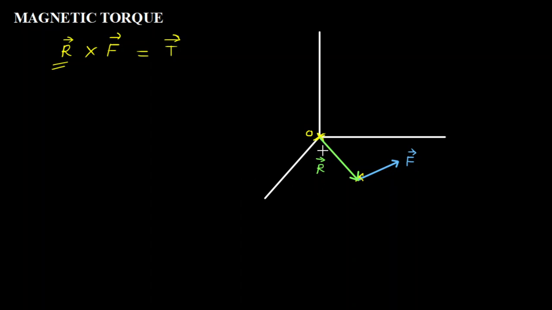This distance is nothing but my moment arm, which is the r vector. If this is my r vector and this is my F vector, then the cross product of these two vectors will give me torque.